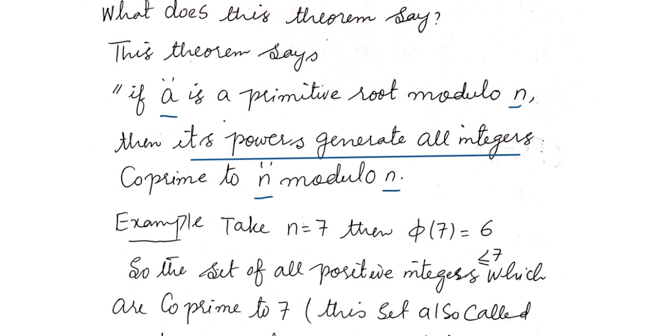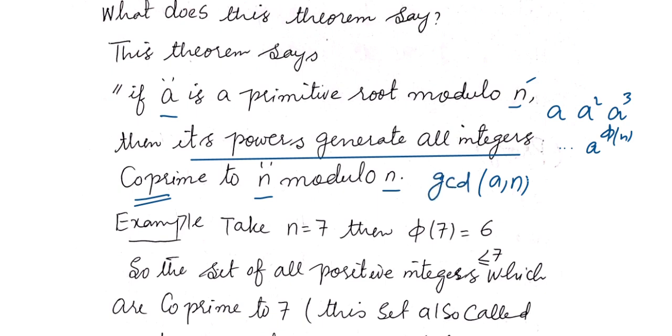This theorem simply says, if a is a primitive root of n, then all powers of a, a raised to power 1, a raised to power 2, a raised to power 3, and so on, up to a raised to phi of n, are also coprime to n. Coprime means their GCD with n is equal to 1. Two numbers a and n are called coprime or relatively prime if their GCD is equal to 1. So this is theorem 8.4.